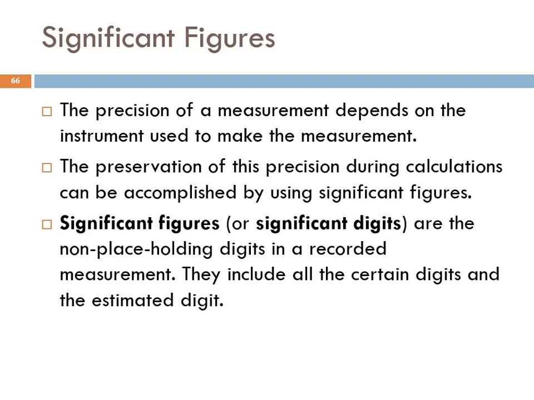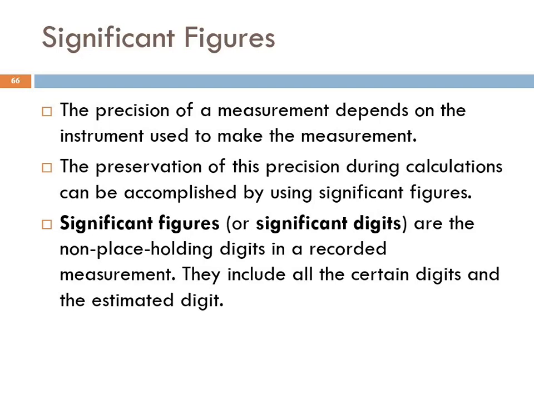So significant figures or significant digits give a lot of students trouble, but once you understand them, it's very easy to remember. And so if you struggle with sig figs, please work with me and we'll get you straightened out and it'll help you the rest of the semester. So what we refer to as significant figures are the non-place-holding digits in a recorded measurement.